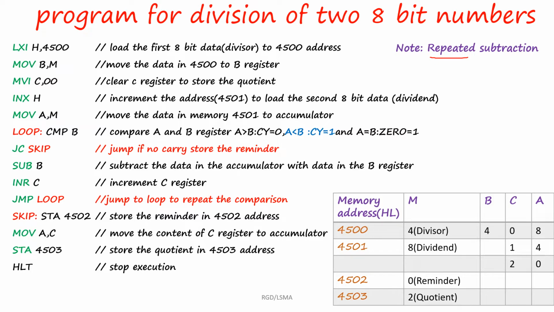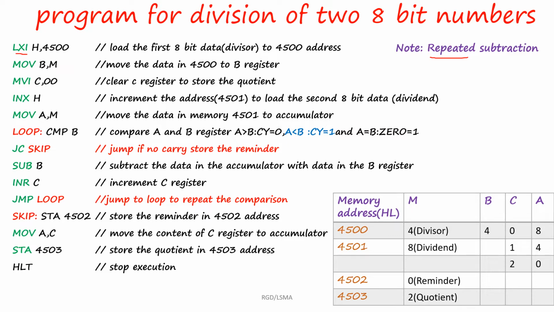I'm going to use the instruction LXI H, 4500. When you use LXI, it means you're going to load. The X stands for loading 16-bit data. Here the 16-bit data which I'm going to use as the address is 4500, and I stands for immediately moving this data.